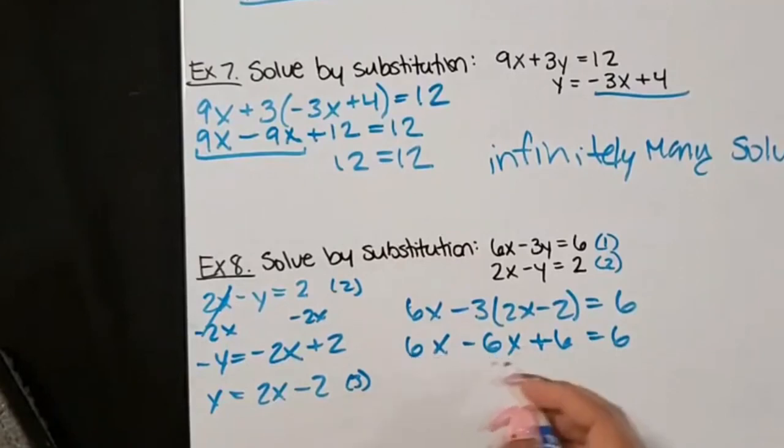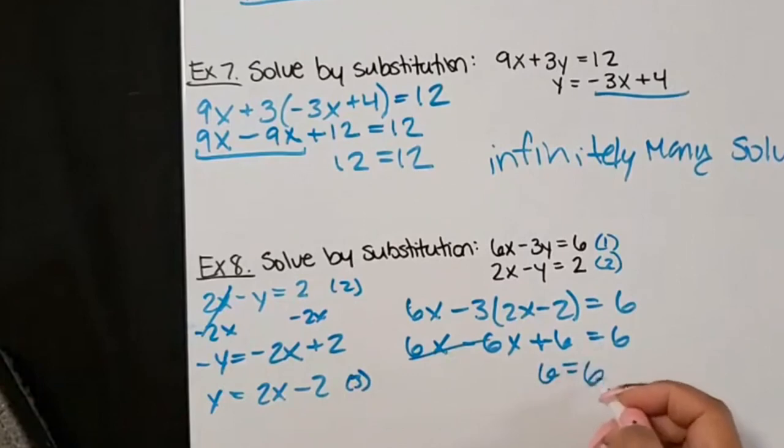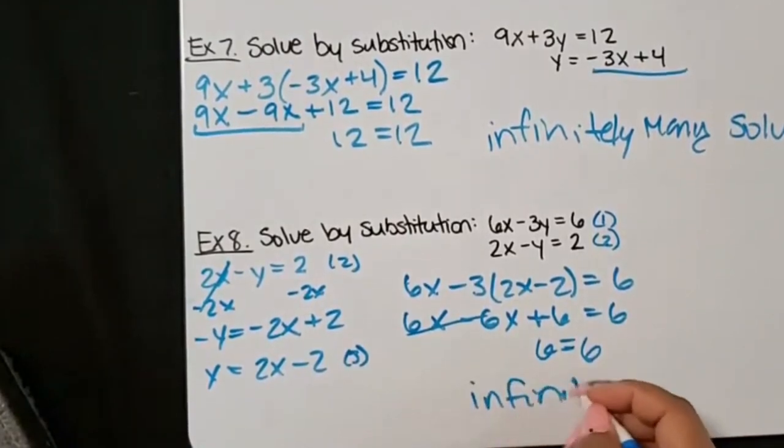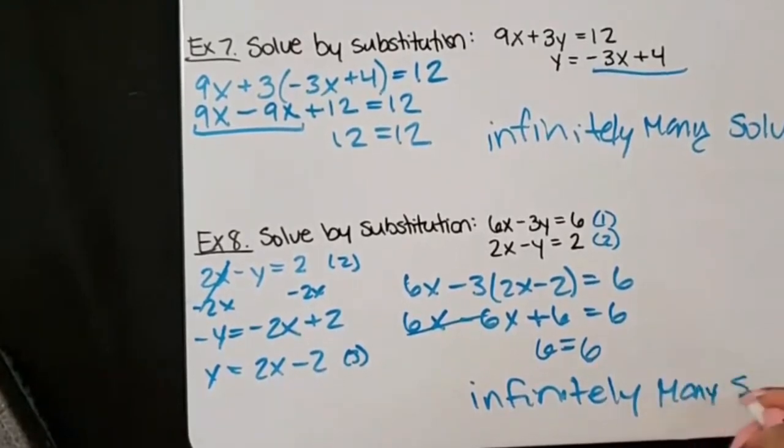And 6x minus 6x is 0. 6 equals 6. Okay, so once again, we got 6 equals 6, which means we have infinitely many solutions.